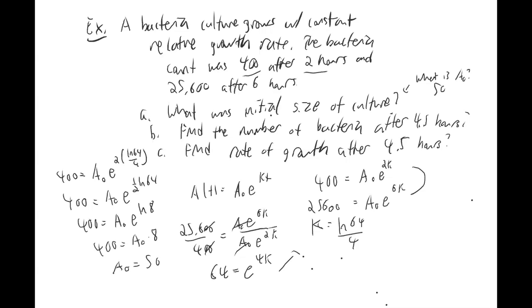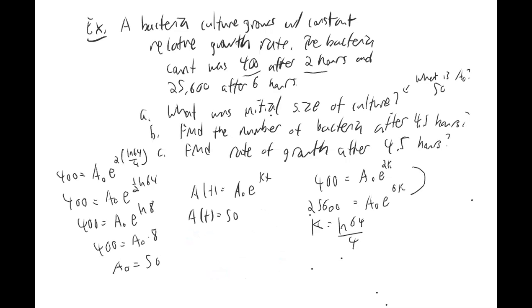So your answer for part A is 50. Part B is the number of bacteria after 4.5 hours. Can I erase some stuff? Because I want to keep the same page. For part B, I know my equation now.